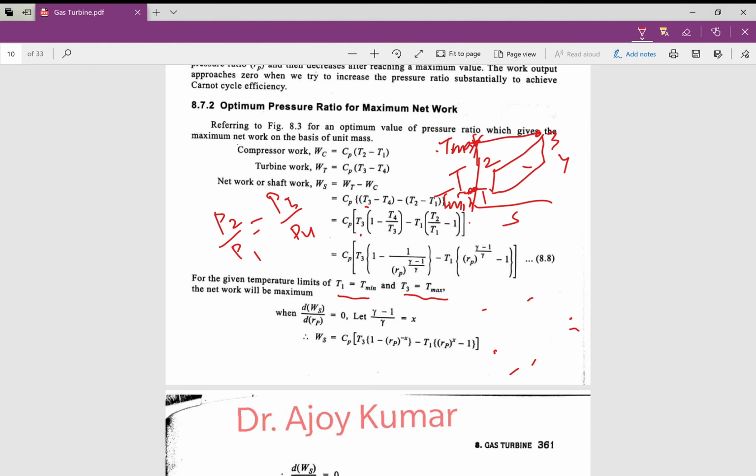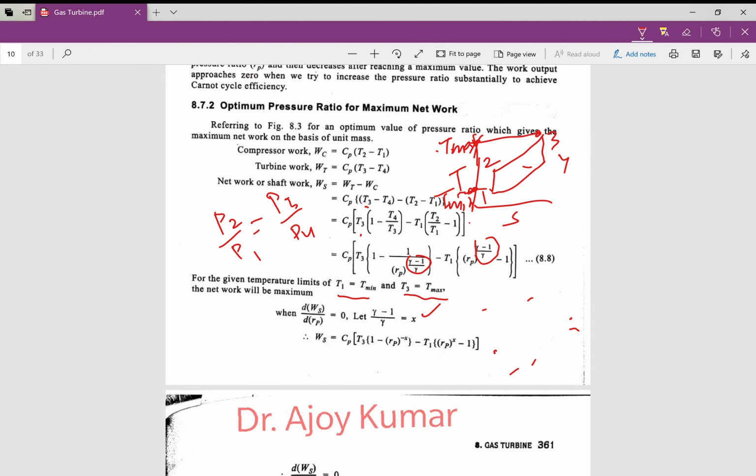Right. So let us consider this gamma minus 1 upon gamma, coming here and here also. Let us consider this equal to x for simplification.